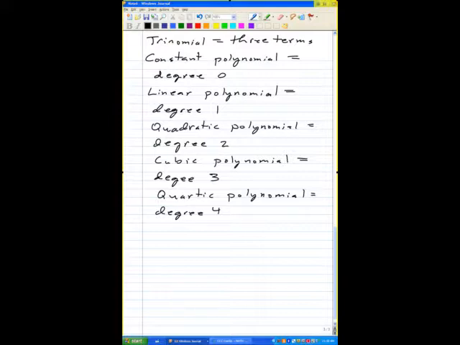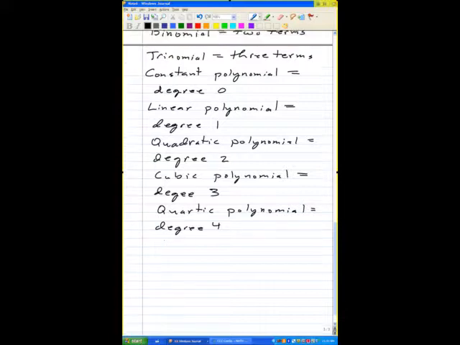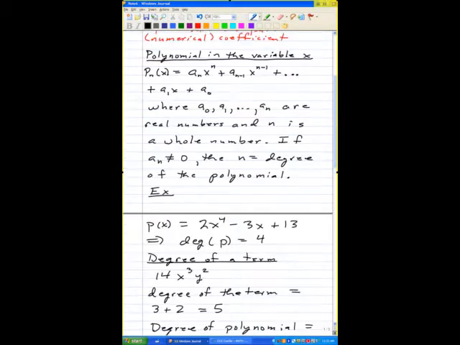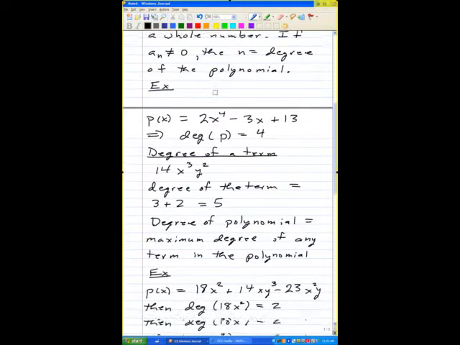In this polynomial here, maybe I'll say it in general.